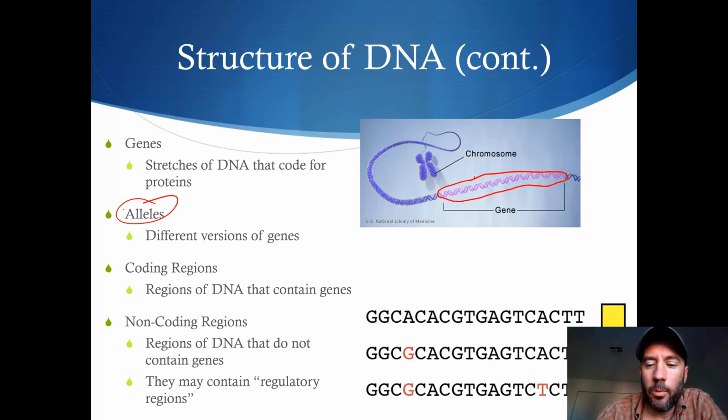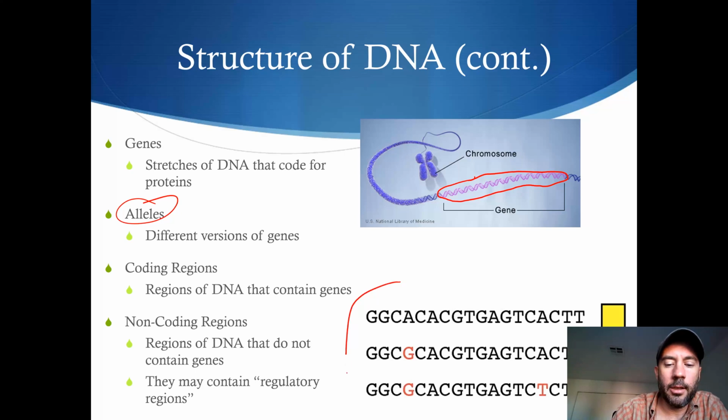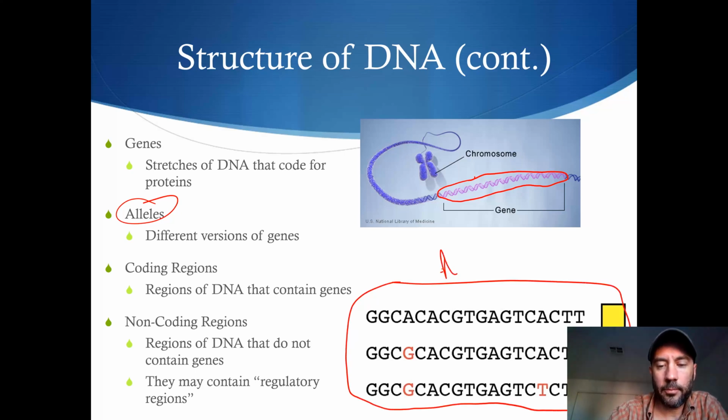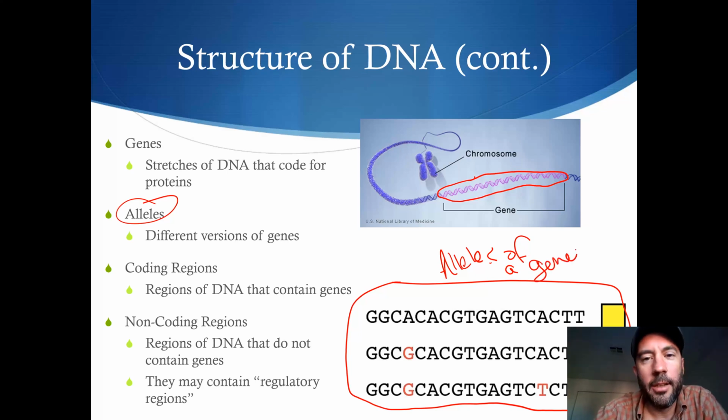So, for example, what you see over here on the right are three alleles of the same gene. Sorry, it's hard to write on my laptop screen, but okay. So this yellow one here may be the one that's most common.